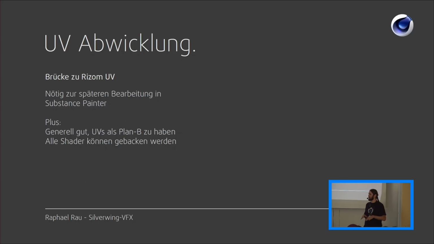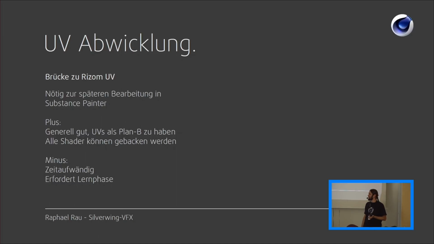If you have problems with materials, you can always bake to UVs and then have a stable map put on your objects. Obviously, it's time consuming to do that for every object, and you have to learn it, of course. But the learning curve always feels like, oh, UVs, don't give me UVs.